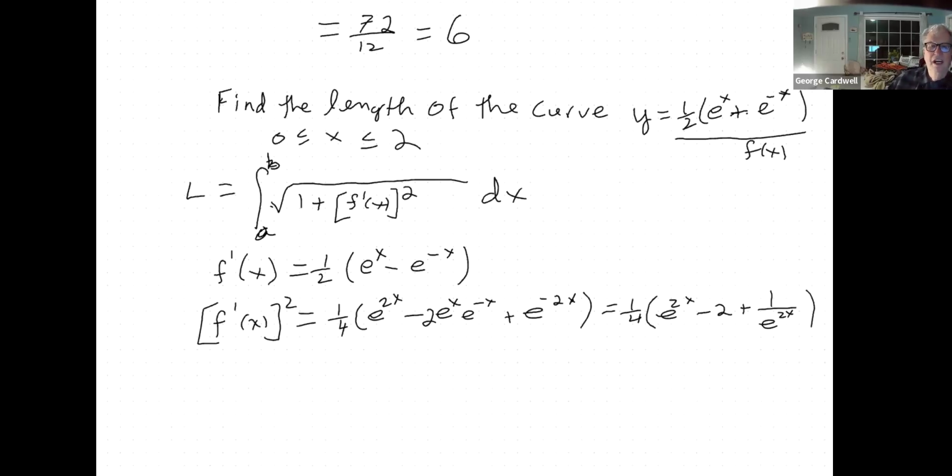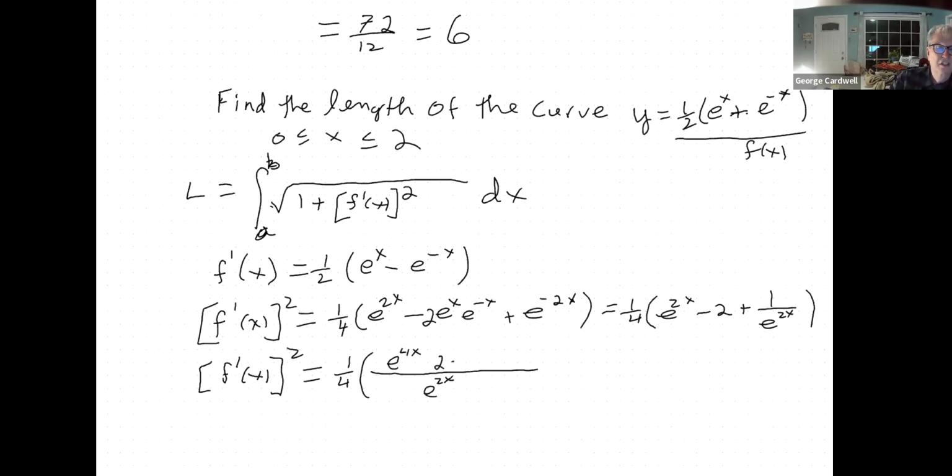Okay, so now I've got these 3 terms. The one's a fraction, so I want a common denominator. The common denominator will be e to the 2x. So to make e to the 2x over 1, I multiply top and bottom by e to the 2x. So e to the 2x times e to the 2x is e to the 4x. And 2 over 1 would be 2 e to the 2x.